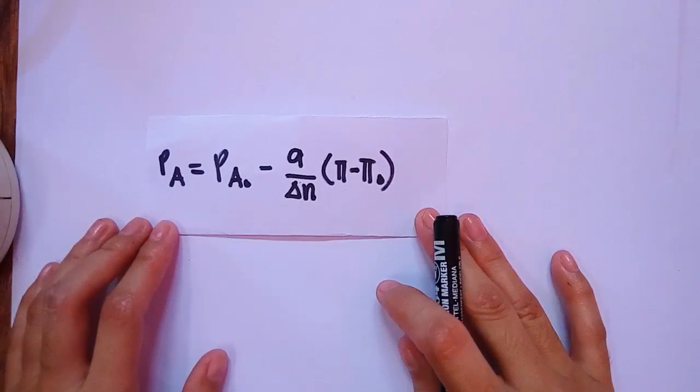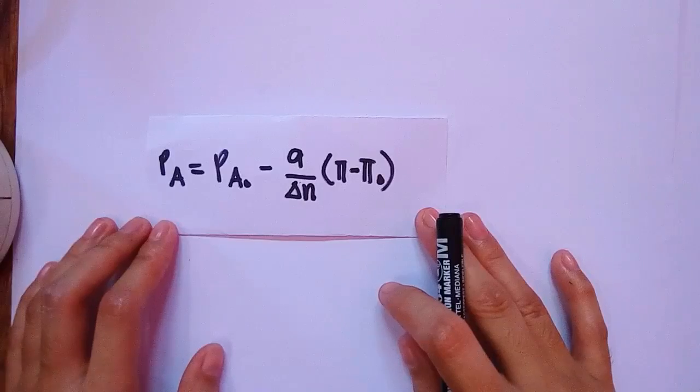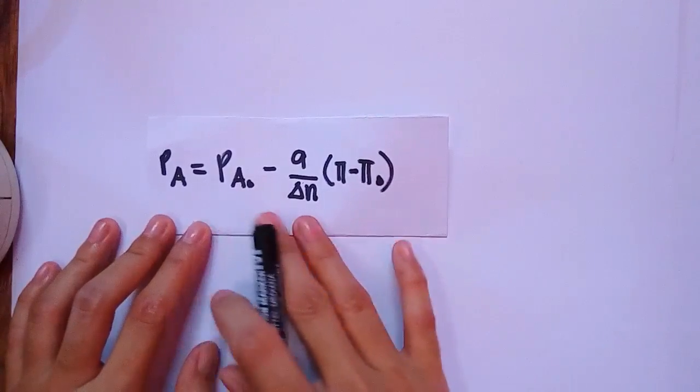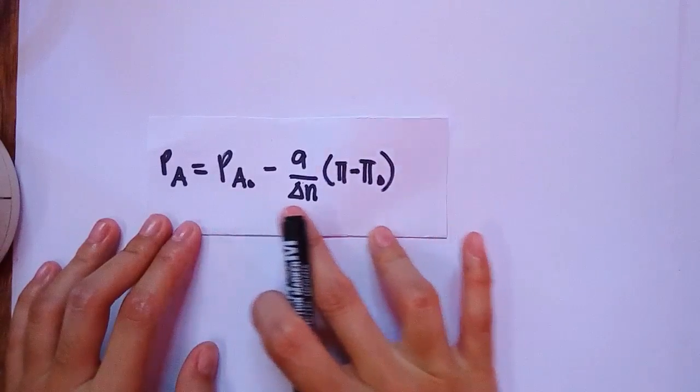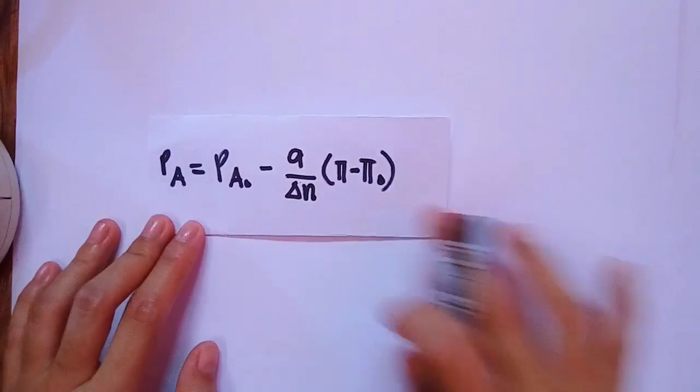Now we need equation 5 of the book Chemical Reaction Engineering by Octave Levenspiel. I don't really know the correct pronunciation of the name, but anyway, we have PA equals PA naught minus a over delta n times pi minus pi naught.